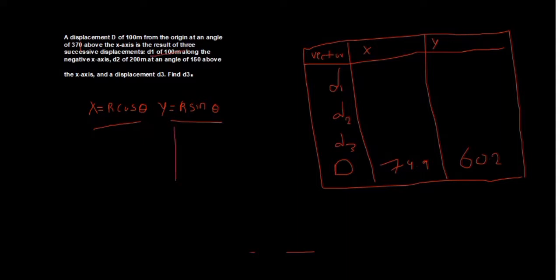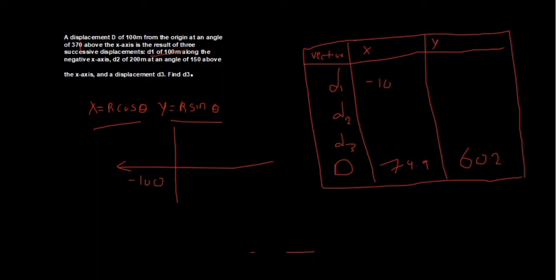So 100 meters along the negative, meaning it's this way. Since it's along the negative x-axis, it will be negative 100. So what is the x component of this displacement? It's just negative 100, as even stated in the question.